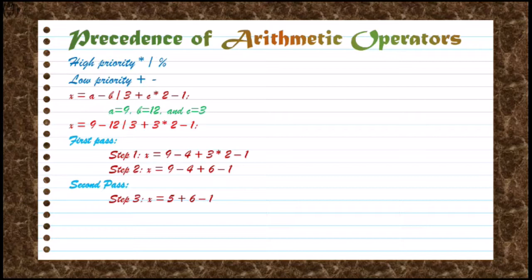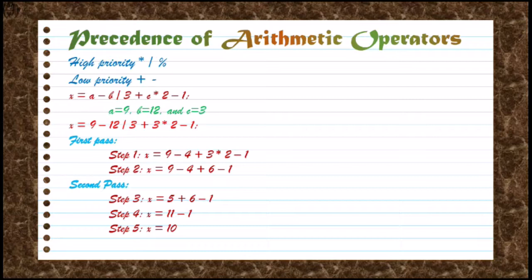In step 4, from the left, the plus symbol comes, so just add 5 and 6. The statement becomes 11 minus 1. In step 5, again do the subtract operation: 11 minus 1 is 10. So the answer is x equal to 10.